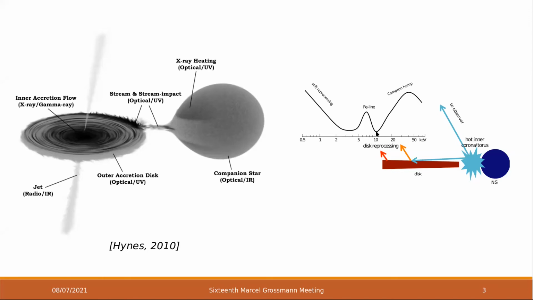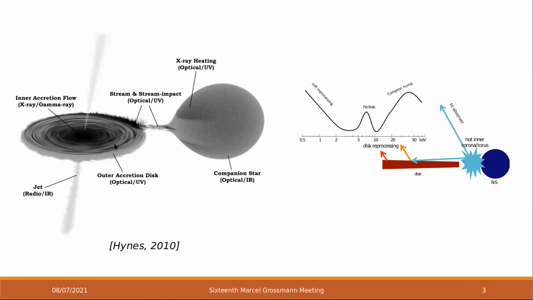In the late 80s and the beginning of the 90s, we finally understood that this large shape of a line, which in laboratory emission should be a simple delta, was coming from relativistic effects.